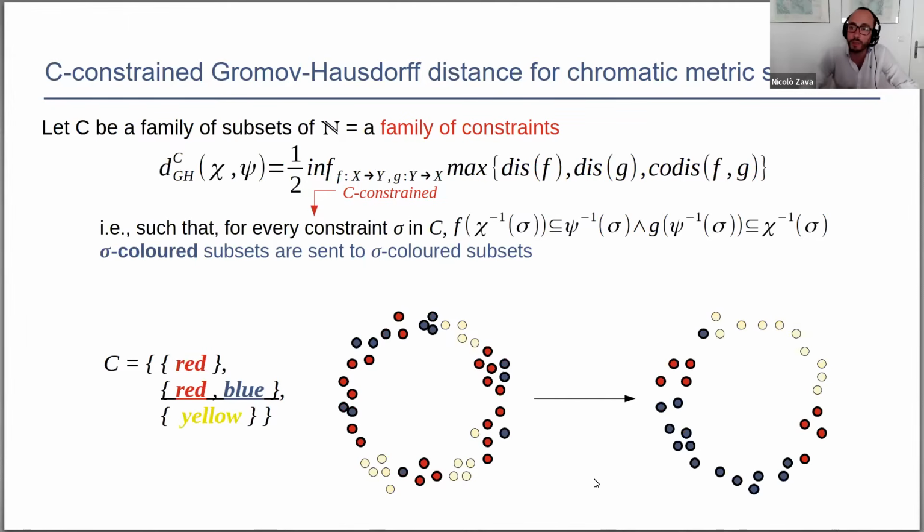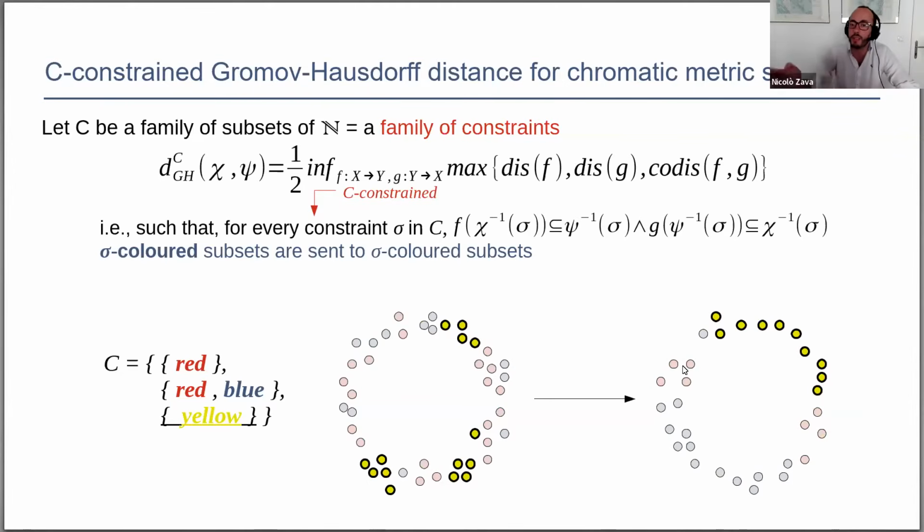The red and blue points are forced to go to the red and blue points. You see immediately the difference with the previous setting, because now a blue point here can be collapsed to a red point. There's nothing that says that blue must go to blue. So it's a bit more flexible.